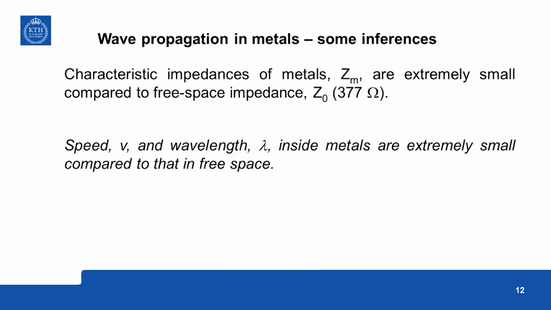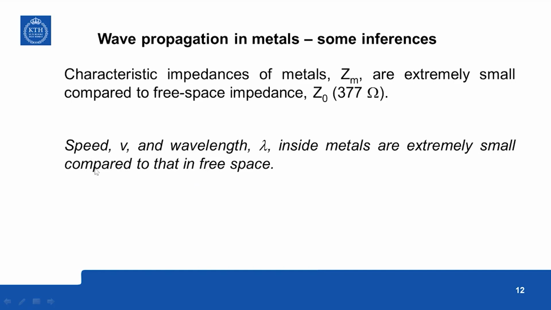Now, some of the inferences that we can take from the table that we have seen. First of all, the characteristic impedance of metals is extremely small compared to free space impedance. This is one point that we can take away from this chapter.